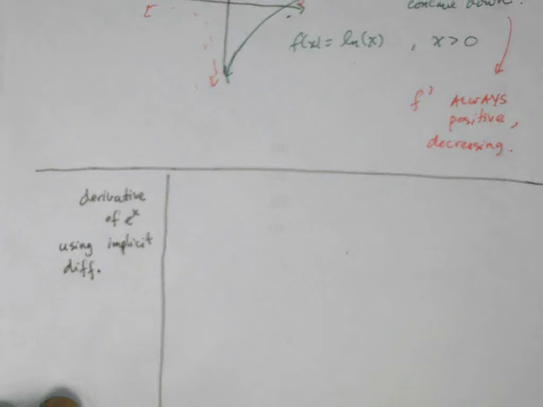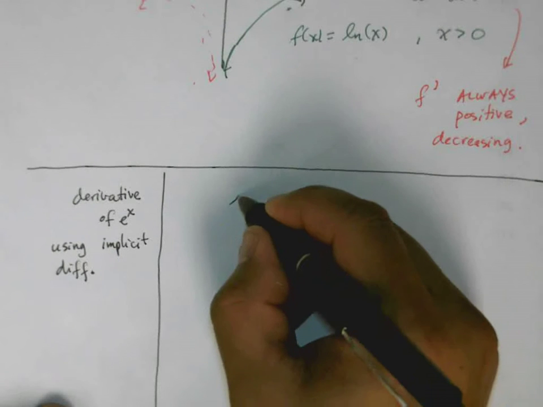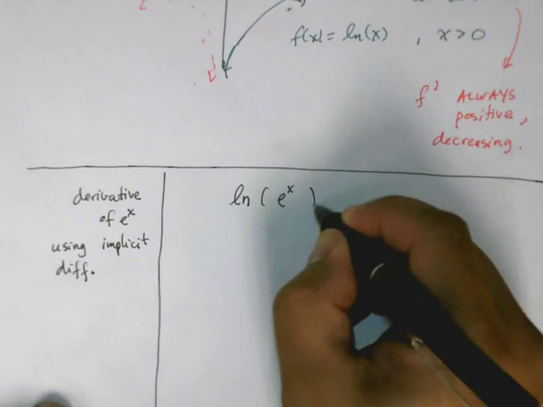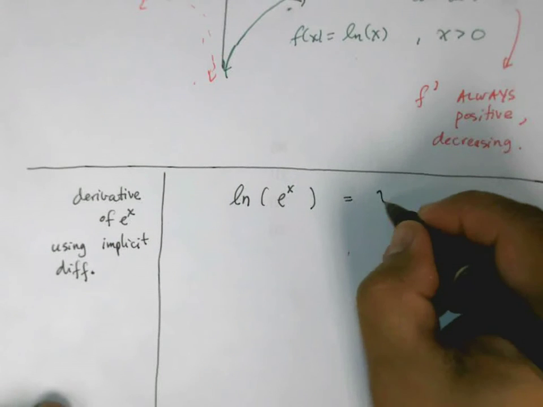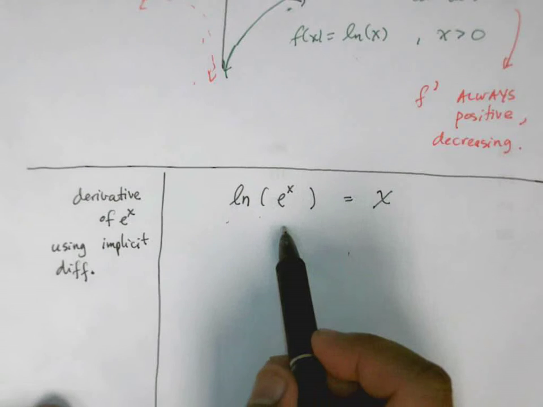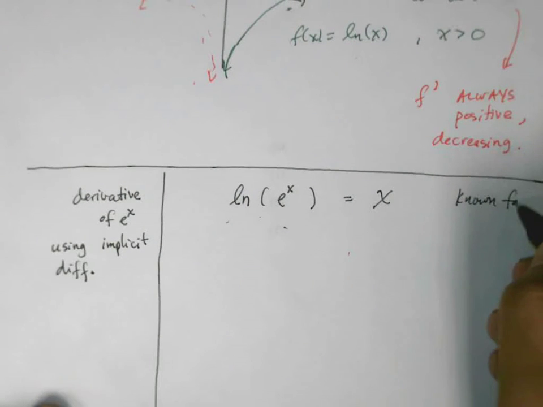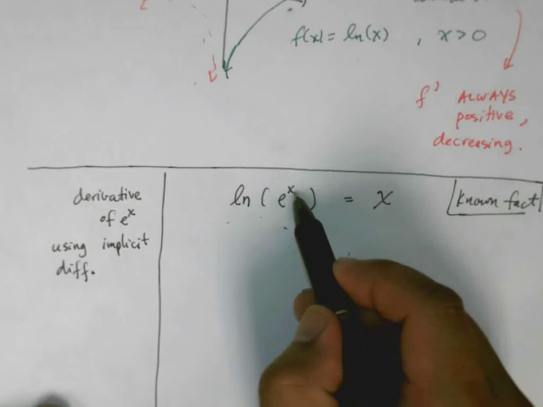I'm going to start with an equation that we know to be true, that the natural log of e to the x is equal to x. This is a known fact by the power rule of logarithms.